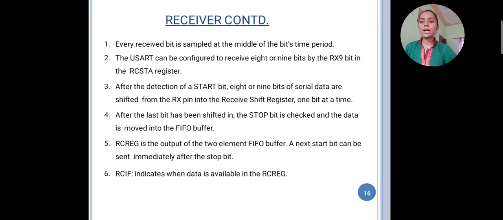After the last bit has been shifted in, the stop bit is checked and the data is moved into the FIFO buffer. RCREG is the output of the two element FIFO buffer. The next start bit can be sent immediately after the stop bit. RCIF indicates when data is available in the RCREG register.